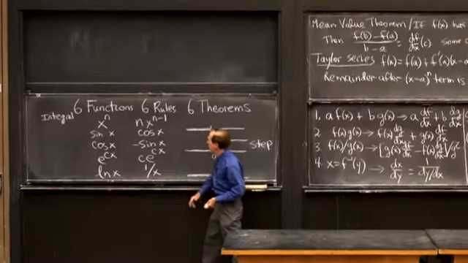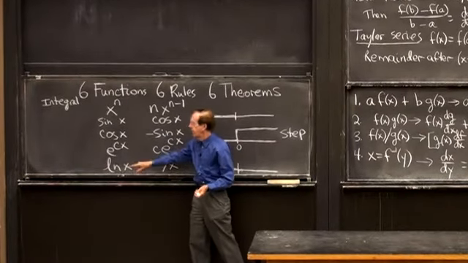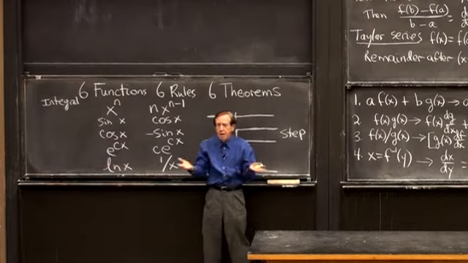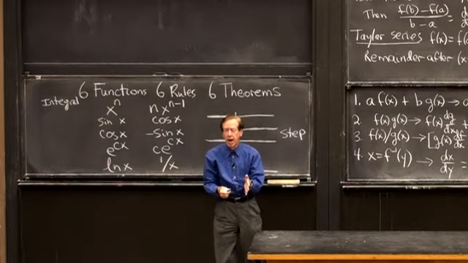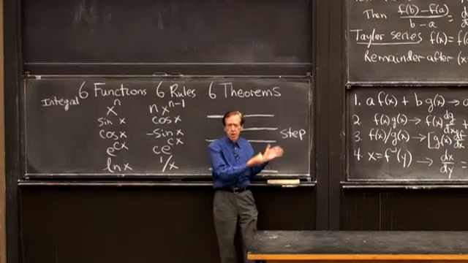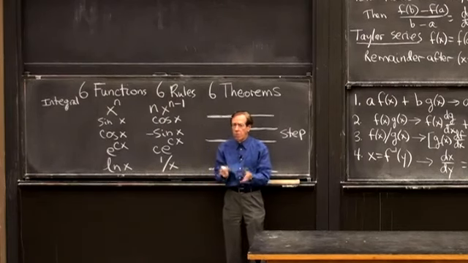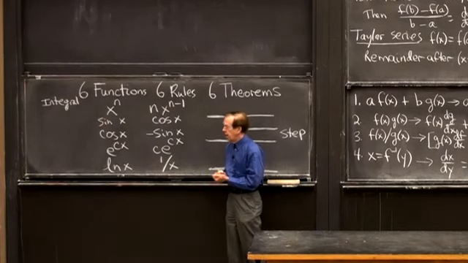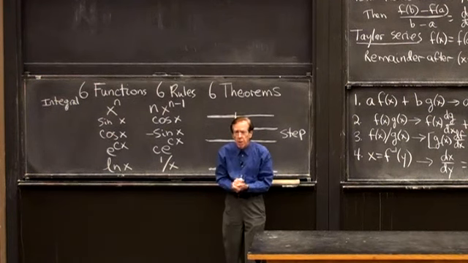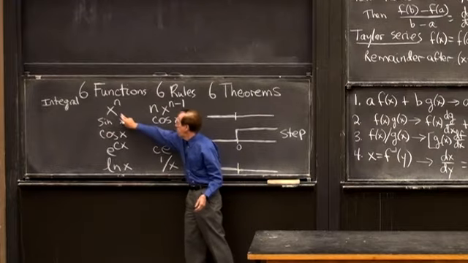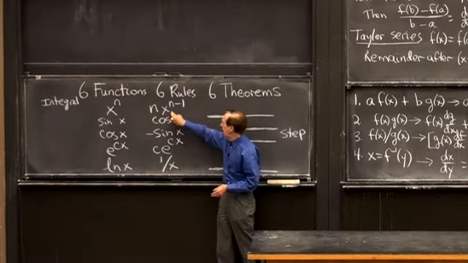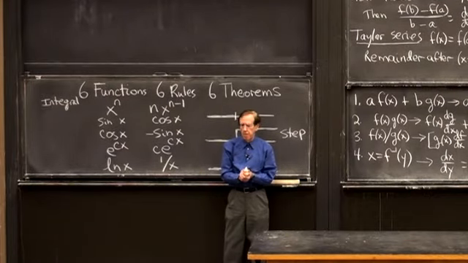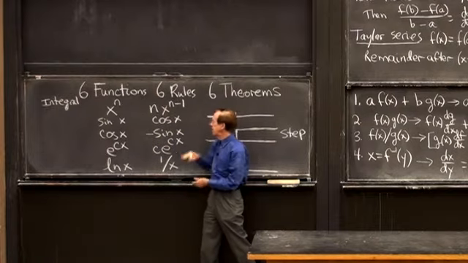Okay, so here are my first 5 functions, all familiar, and what I'm happy about is that if we understand those 5 and the rules to create more out of them, we get practically everything we frequently use. So I wrote down function 1, power of x, and its derivative. Function 2, and its derivative.